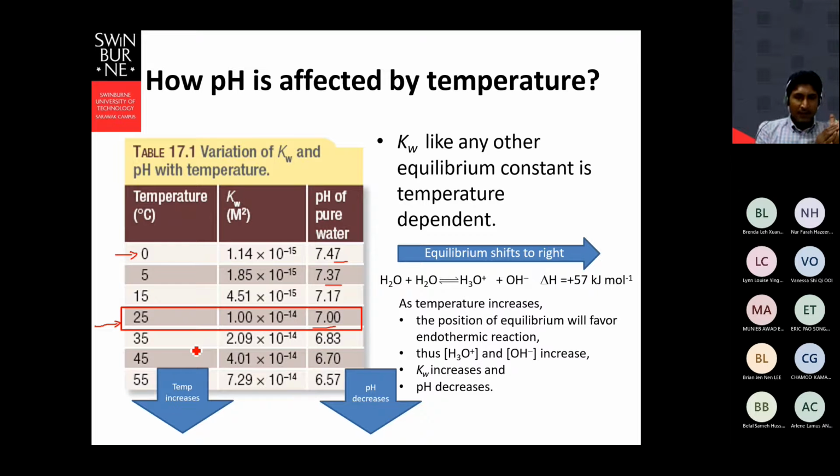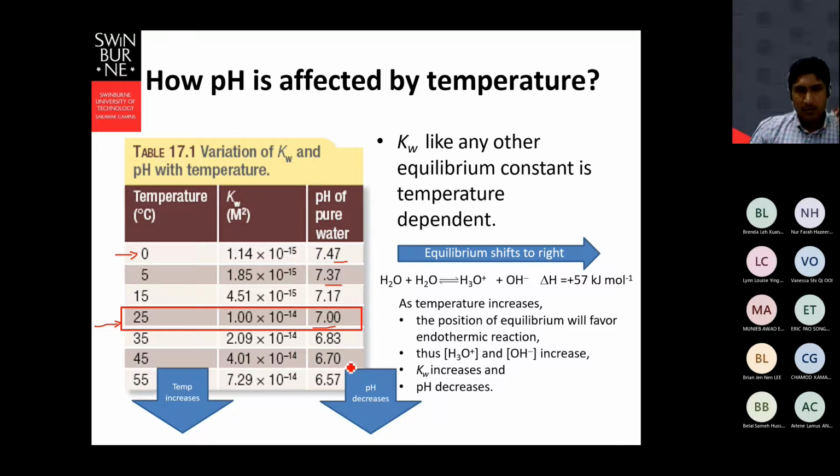If it is 6.5 at 25 degrees, I don't think you will buy it. Or if it is 7.5, I don't think you will buy the water. But 7.4, yeah, it's good. Most of the water you will see is 7, 7.3, 7.2, 7.4, something like that. There is one reason for that. We'll see at the end of this lecture.